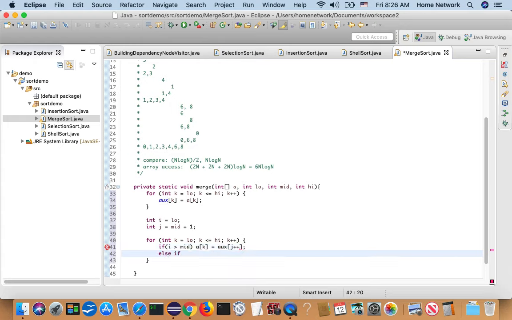Else, if we exhausted the right half, then we just copy from the left half without further comparison.